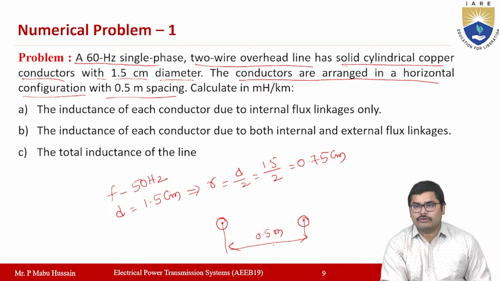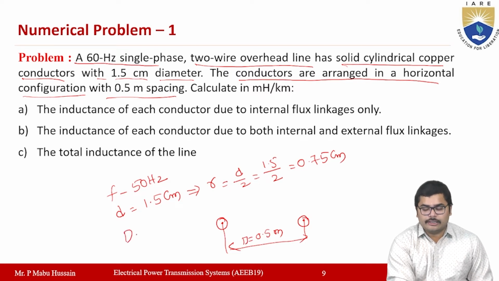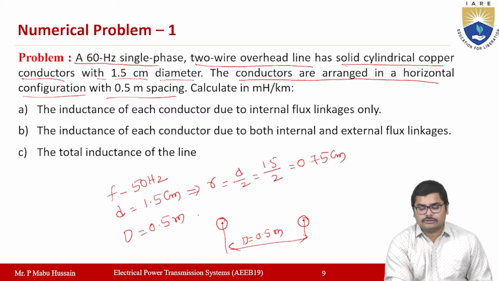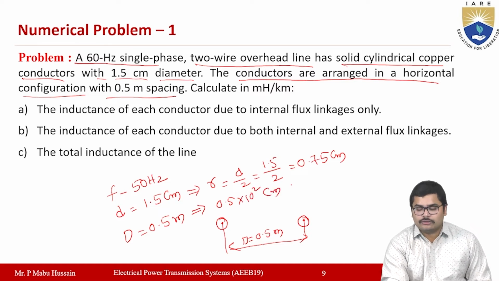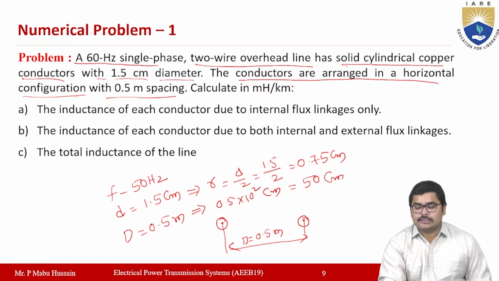This is nothing but capital D. So the capital D value is given, which is 0.5 meters. Now you can convert this meters into centimeters, so 0.5 into 10 square centimeters you will get, which is nothing but 50 centimeters. So capital D, which is the distance or spacing between the two conductors, is 50 centimeters.